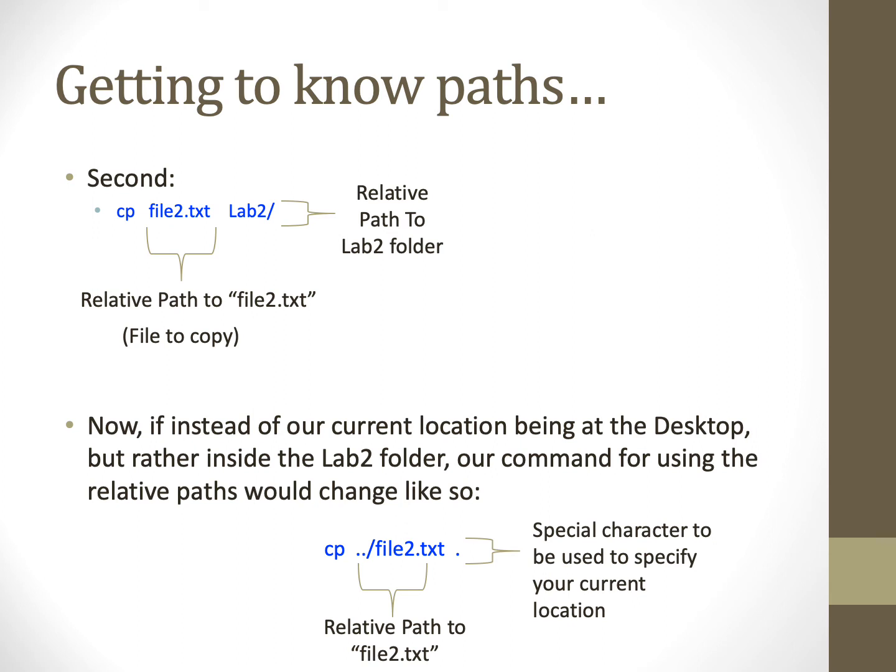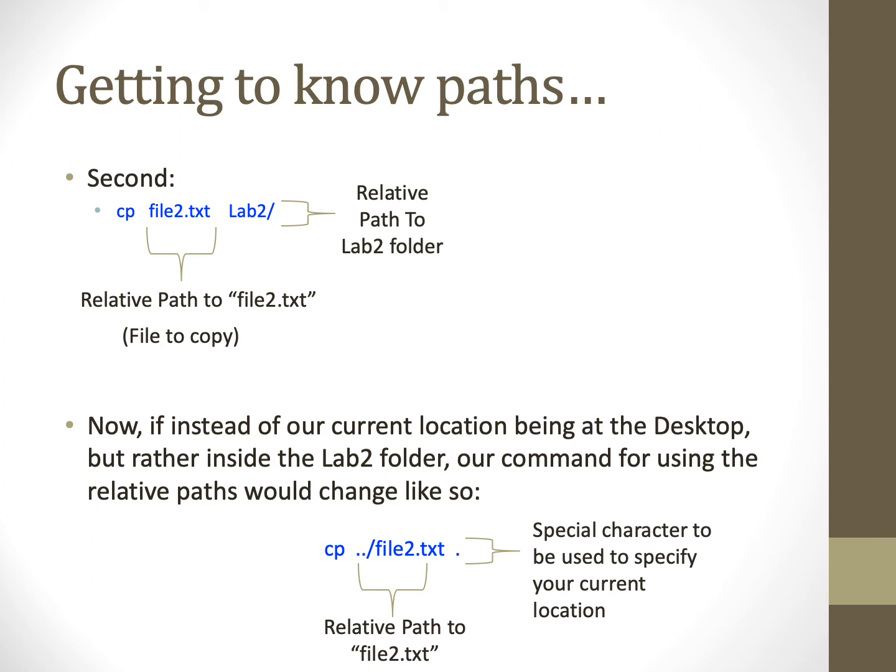Now, if instead of our current location being the desktop, it was inside the lab2 folder, our relative path command will slightly change. The command that would use full paths would not change, however. For running the command using relative paths, the command would change like so. Instead of file2 being relative to the desktop, file2 now corresponding to a relative path to the lab2 folder would look something like this.